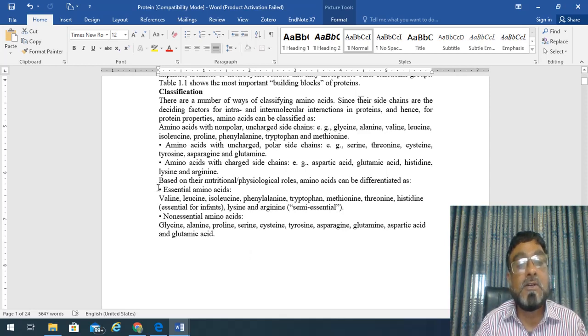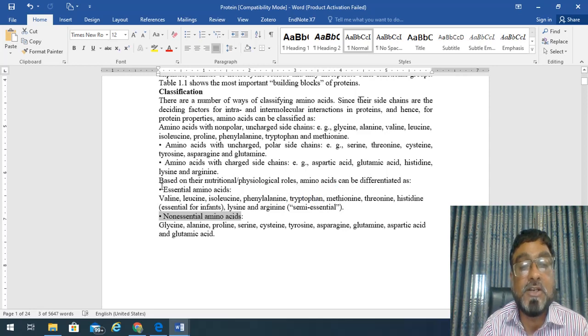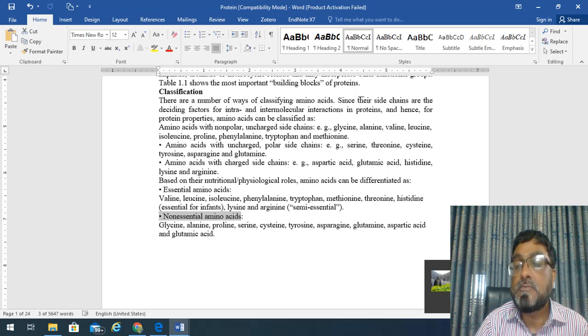First of all, we are looking at the essential amino acids and the non-essential amino acids. Essential amino acids are those that are required by the human body but not produced by the human body. Non-essential amino acids are normally produced by the human body.